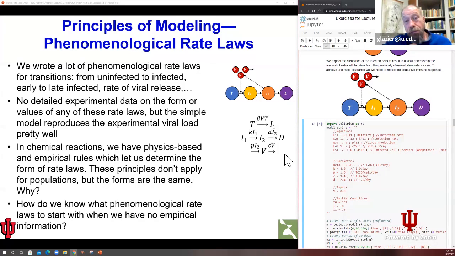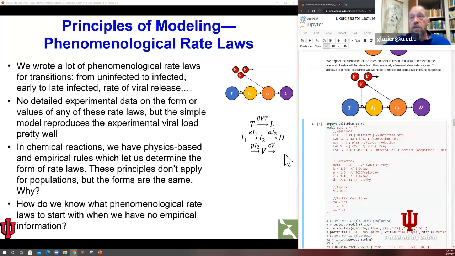But biologically, we know there are a lot of nonlinear things going on. If we were wearing pure mathematician hats, we'd say, what's the simplest possible model we could write that gives us that cutoff? We might be able to do that with linear equations. But since we know something about the biology of how the adaptive immune system works, we're cursed a little bit with that knowledge because we want to respect it in our model.